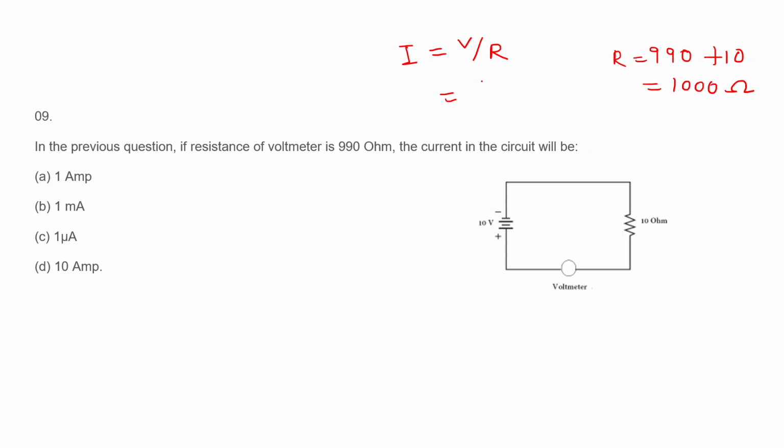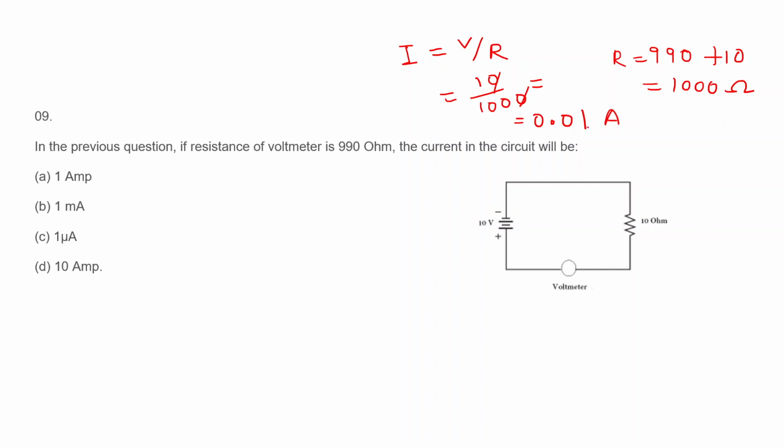So the current will be voltage divided by resistance. I think this will be 0.01 ampere, because the units are volt and ohm, so it will be ampere.